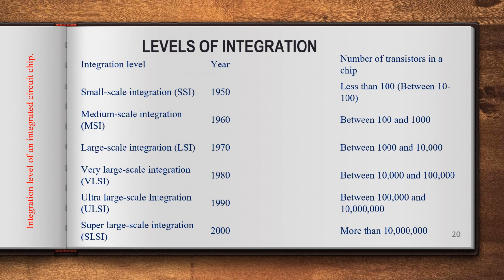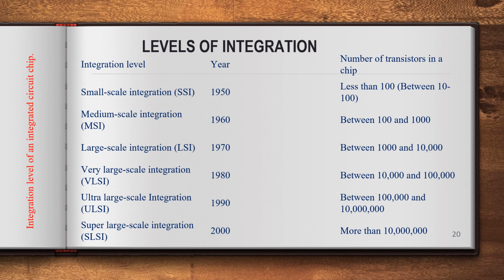This lists the various levels of integration. The main target of IC design and fabrication is to achieve more functionality at higher speed using less power, less area and low cost. This table lists the different IC technologies that have evolved over 50 years.